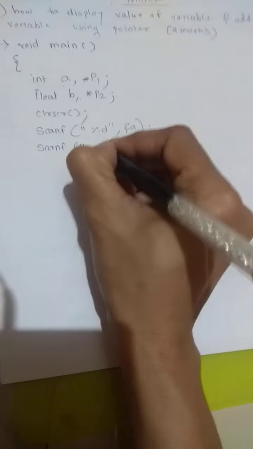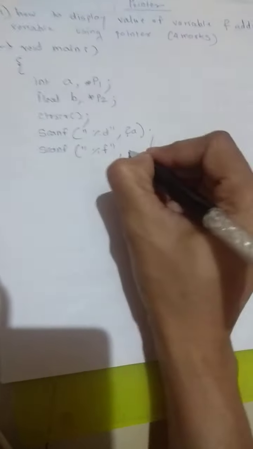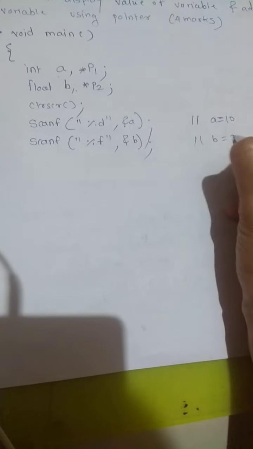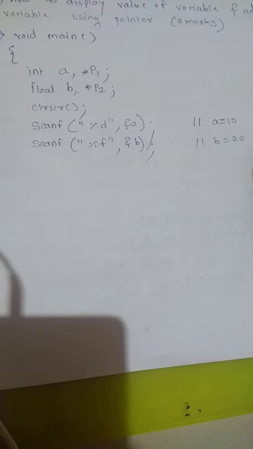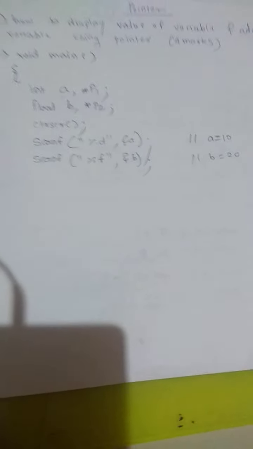For float variable, we use the format specifier %f, b variable. For example, in a we store the input value 10 and in b we store the input value 20. Memory location a stores the 10 and memory location b stores the value 20.